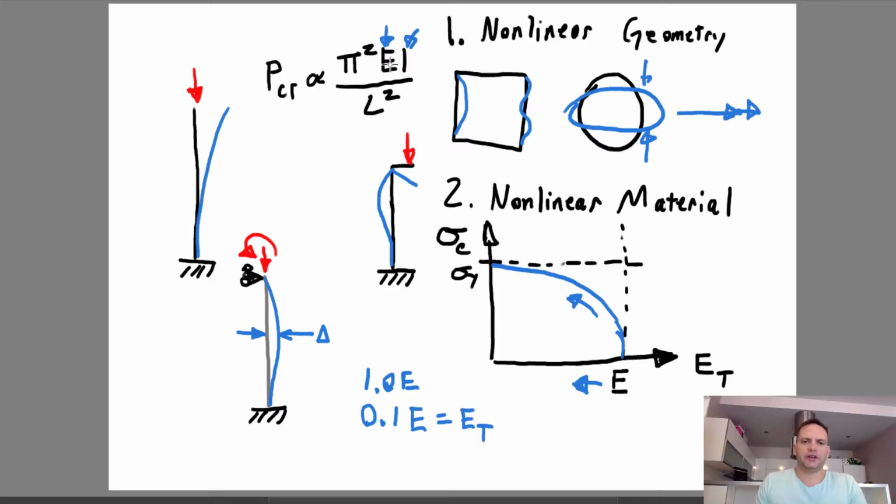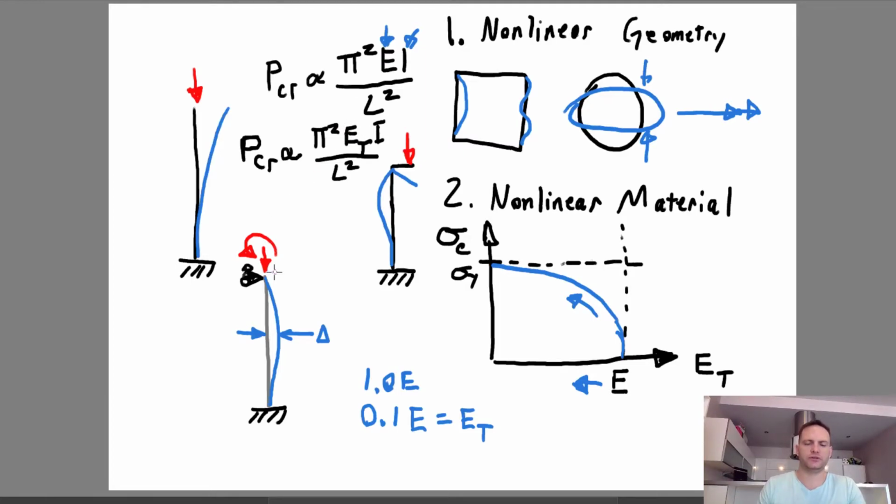So to really do this right, if you're doing this by hand, which you can do, and I'm planning on showing exactly how later, you have this equation where P critical is proportional to pi squared, but you have to use your tangent modulus, E_t, times I over L squared. So instead of using your normal modulus, use your tangent modulus.